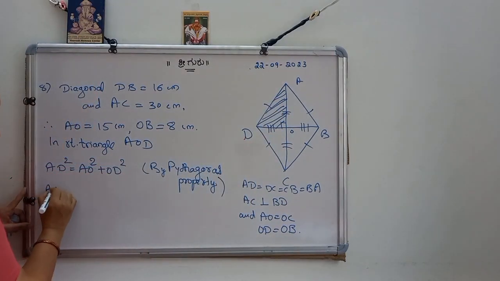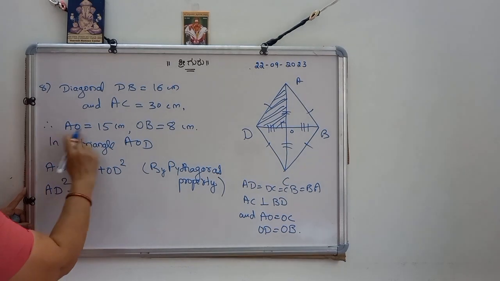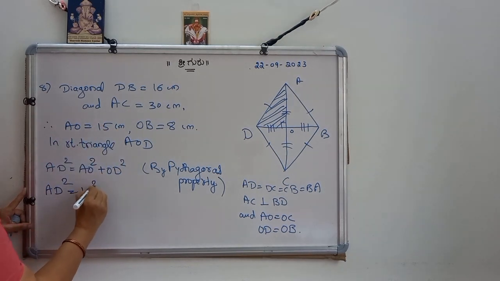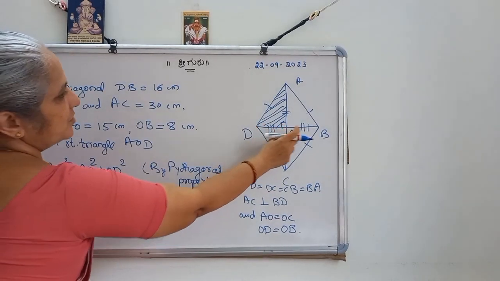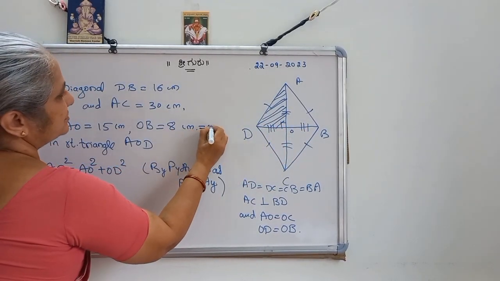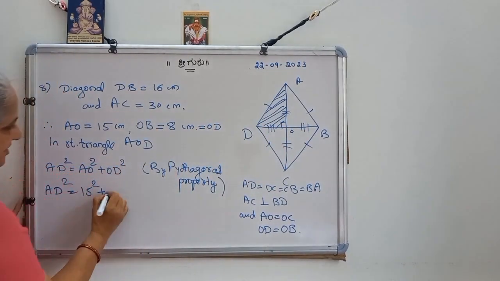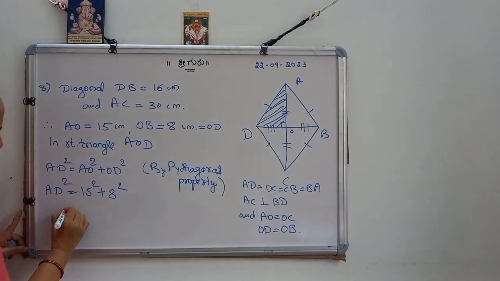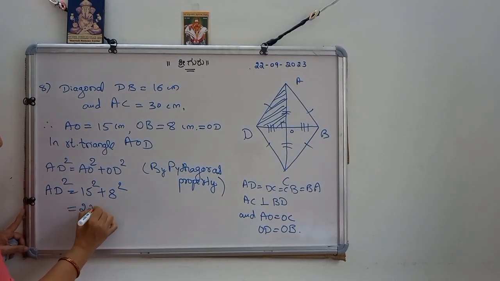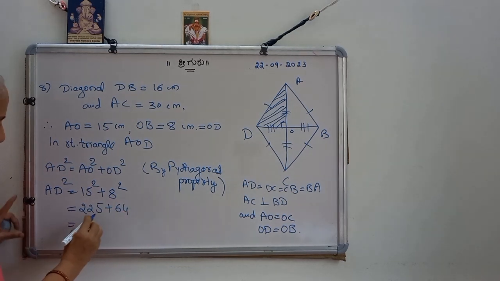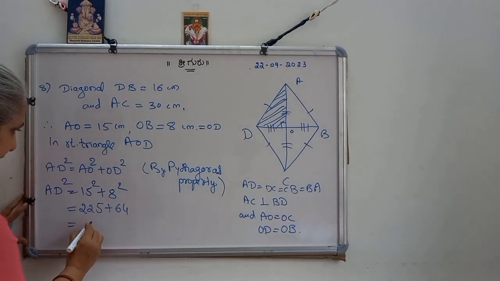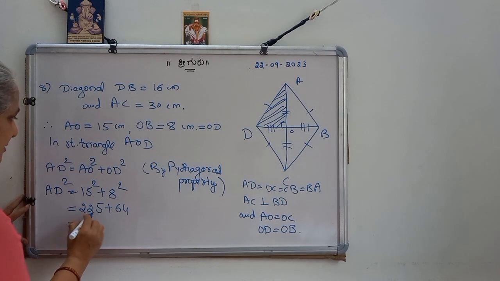So, AD square is equal to AO, which is 15 square, plus OD. OD is equal to OB is equal to 8 centimeters, 8 square. This is equal to 225 plus 64, which is equal to 289.